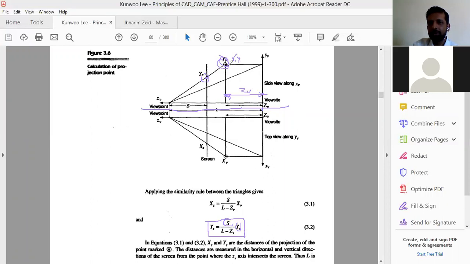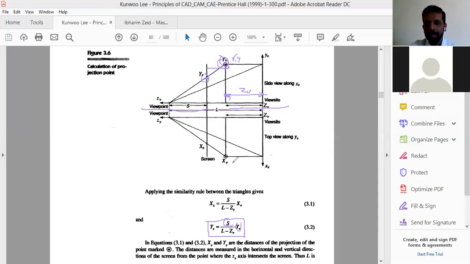This y value is given by the height. What is the height onto the y-axis? So by these two, into the yv value, if we do, we will know how much it has to be reduced and which particular coordinate onto the screen it has to fall. So that particular pixel will be highlighted, will be energized.